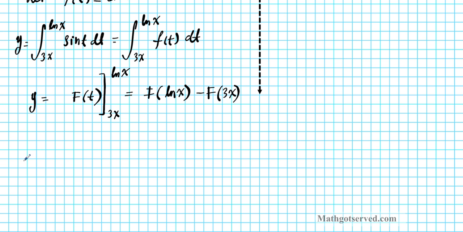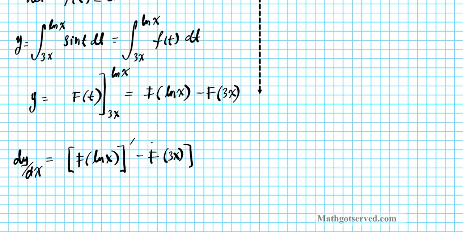So dy/dx is going to be the derivative of this term minus the derivative of that term. So we're going to find F of ln x, prime, minus F of 3x, prime.